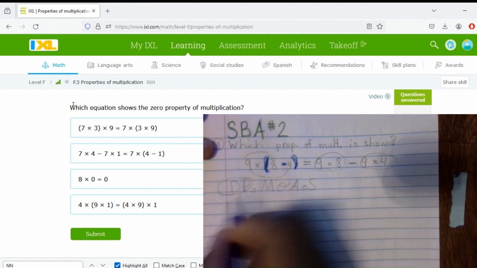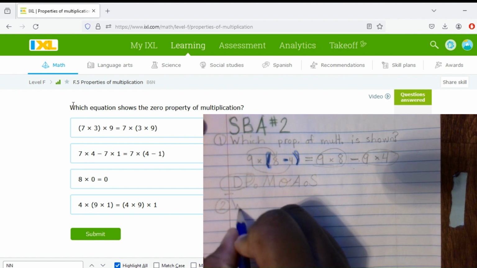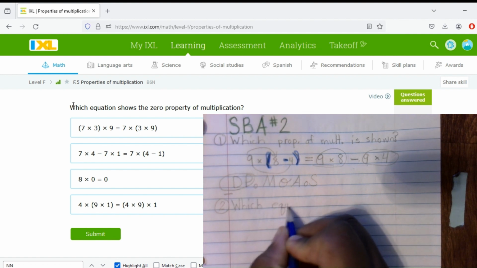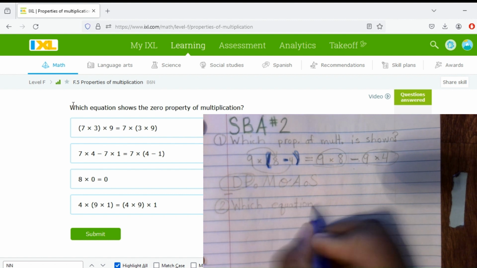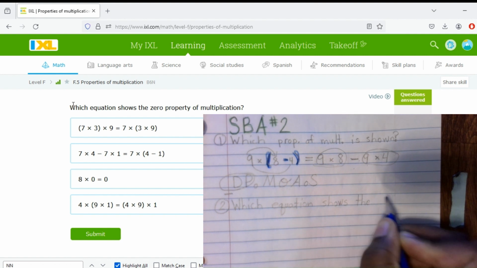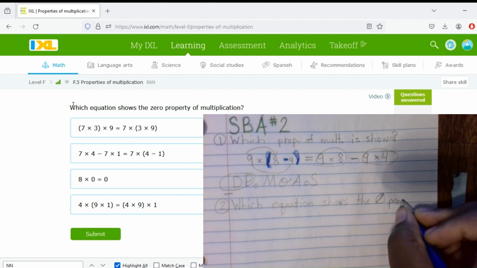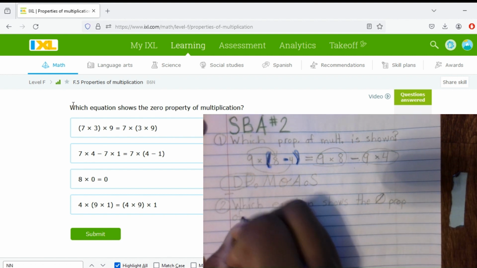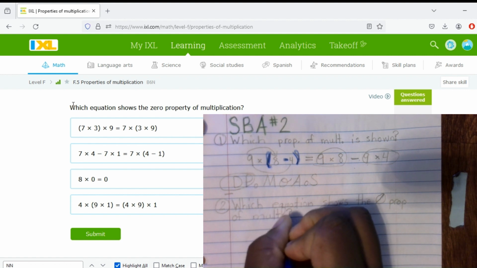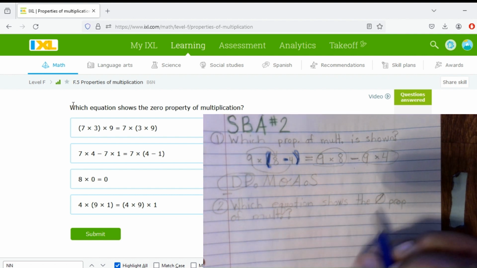Which equation shows the zero property of multiplication? Number 2. Well, I know any number times 0 is still 0.